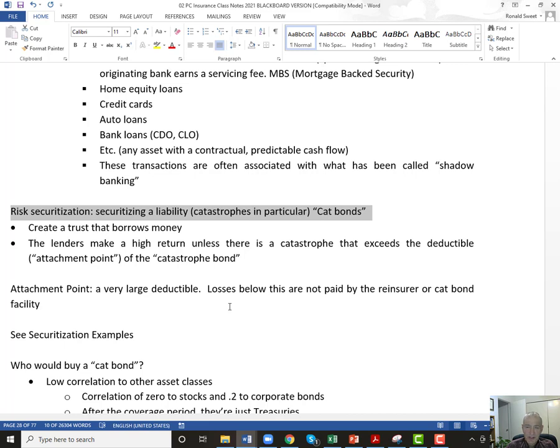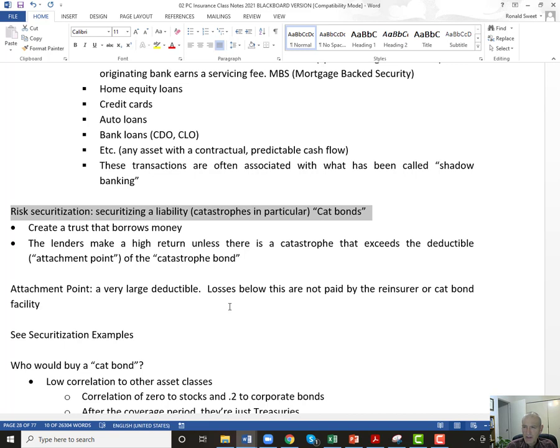I remember when USAA did that, the chief actuary responsible for it, a really nice, brilliant guy, said it was pretty exciting to be part of something that new. So risk securitization: you're actually securitizing a liability. Why in the world would someone want to buy a liability from you?